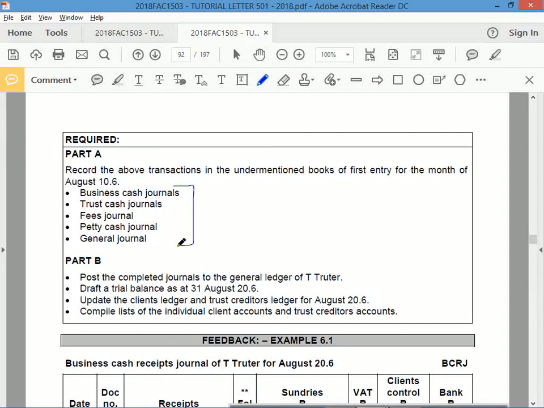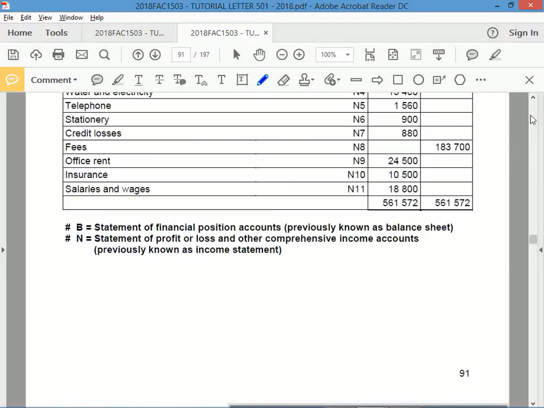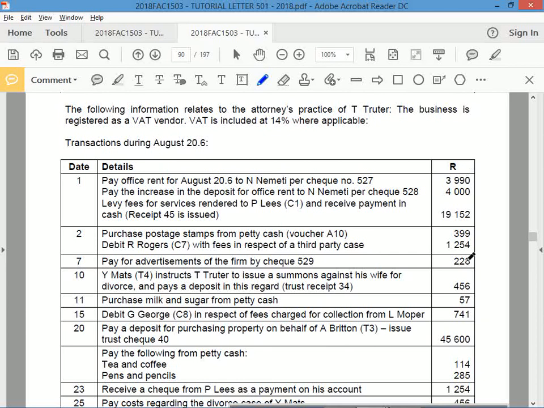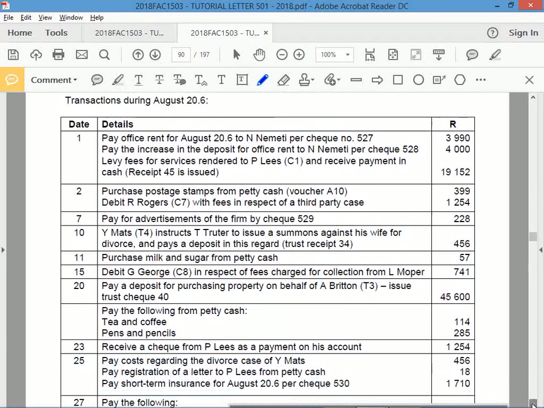Okay, the workings. So how do we get from the question to the answer? The journals, we can just look at what they've got and transfer it to this bit. That's what we actually want to focus on in this particular chapter. But let's apply the basics. I'm still going to do exactly what I did in the past.